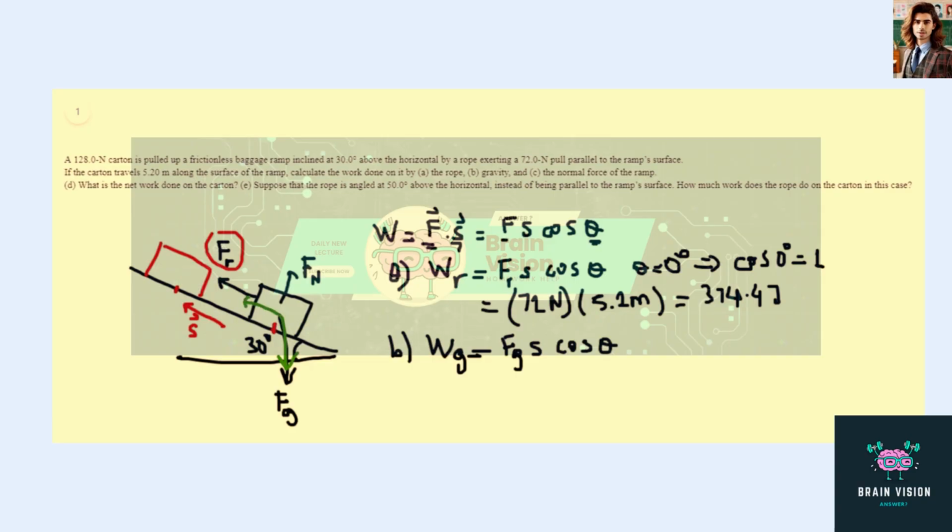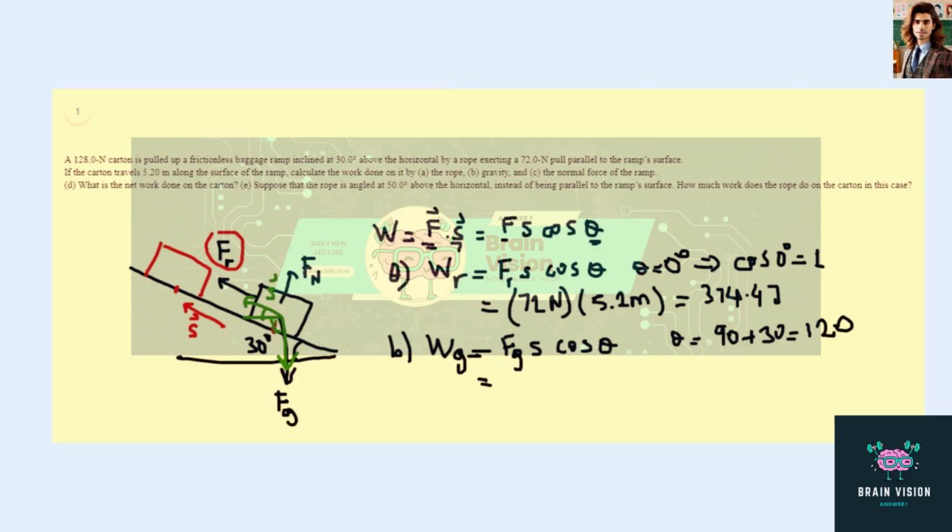And if we carry the displacement vector here, we can see the angle between these two vectors, F sub G and S, is 90 plus 30 degrees. So theta here is 90 plus 30, which is 120.